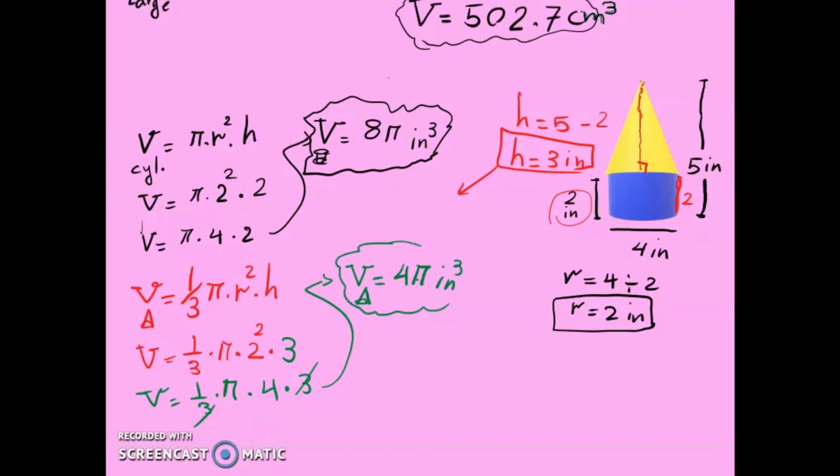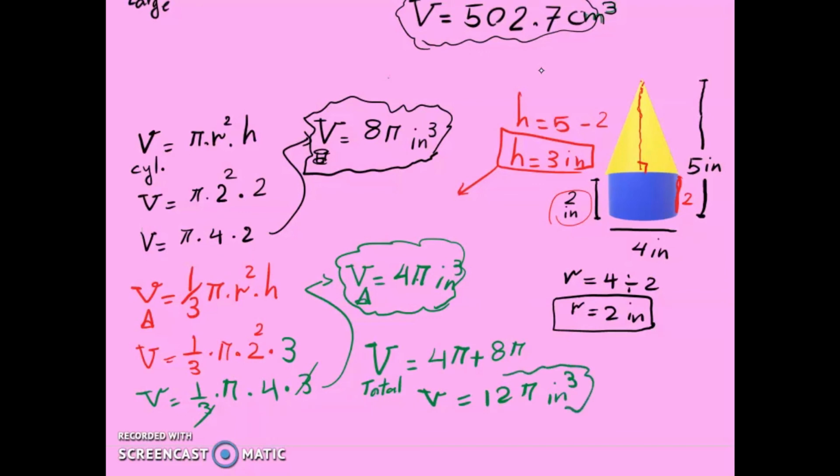So good. You have the volume of the cylinder and the volume of the cone, just add them up. Therefore, the total volume of the shape would be 4 pi plus 8 pi. As a result, the volume is 12 pi inches cubed.